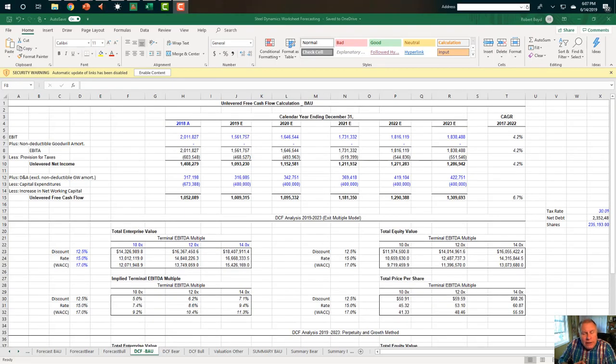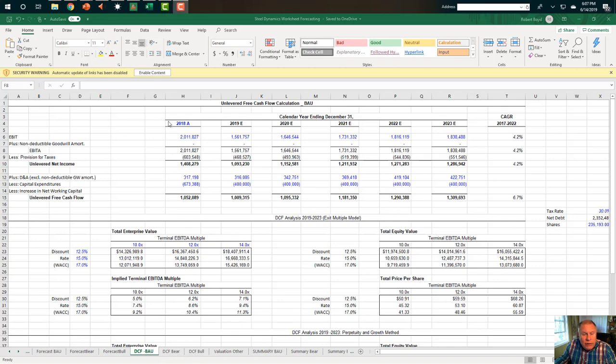In the Excel file, the Steel Dynamics worksheet with the date of June 14th, Flag Day, is the one you want to use. And I've put in a model here for you, and if you go to the bottom tab, it says DCF, discounted cash flow, BAU. I've done one for my bear, and I've done one for my bull.